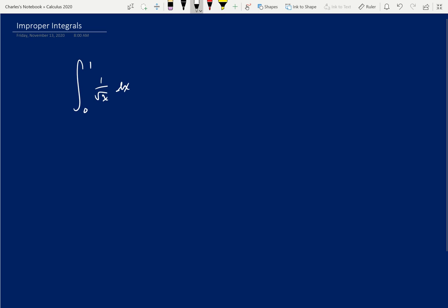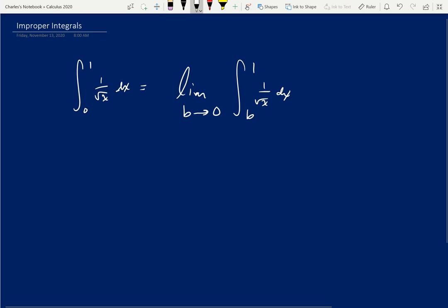The way I have to solve this is by creating a new variable. I'm going to call it b, and it's called a dummy variable. I'm going to rewrite this as the limit as b goes to 0 of the integral from b to 1 of 1 over the square root of x dx. And technically, you have to keep writing that limit as b goes to 0 of, what would this be?